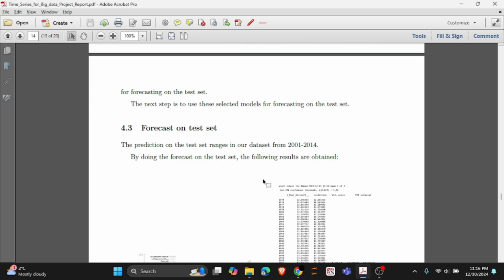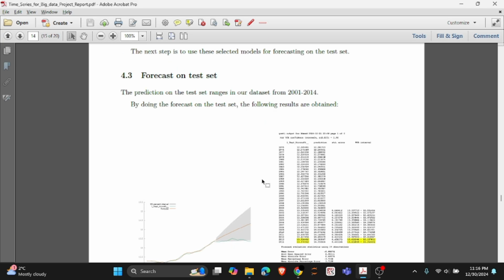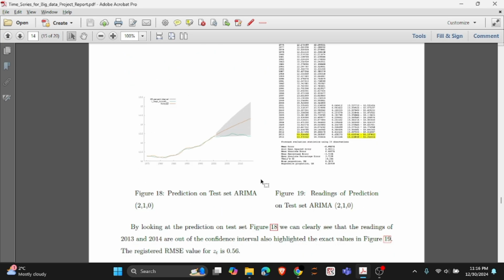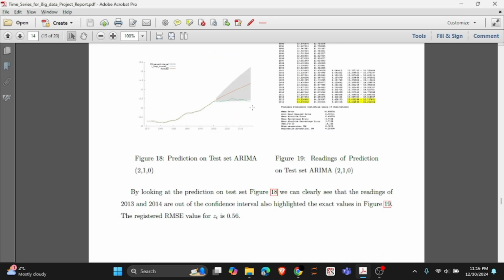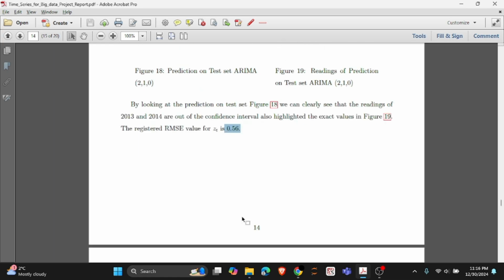Now, we will check the forecast on the test set. Our test set, as I told you, was from 2001 to 2014. We can see that two values, 2013 and 2014, do not fit within our forecast range for the ARIMA 2,1,0 model, and the root mean square error was registered at 0.56.